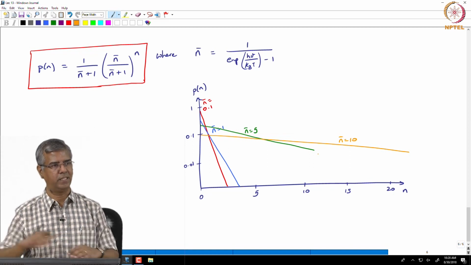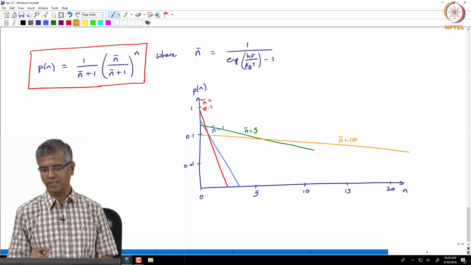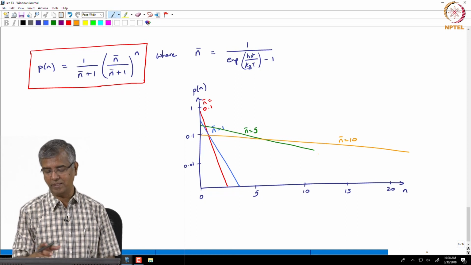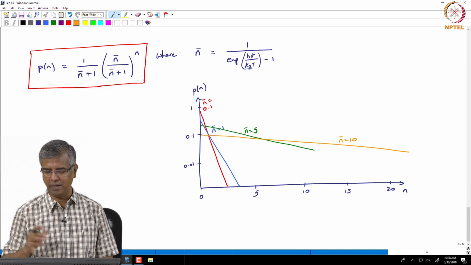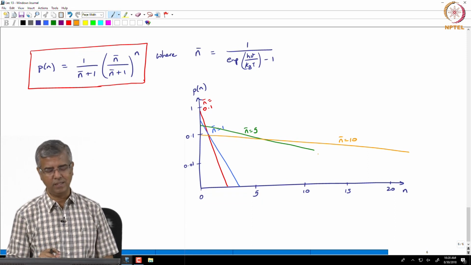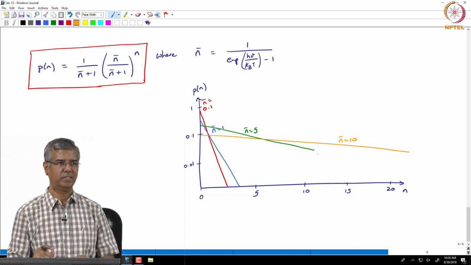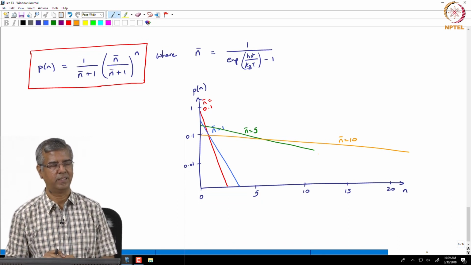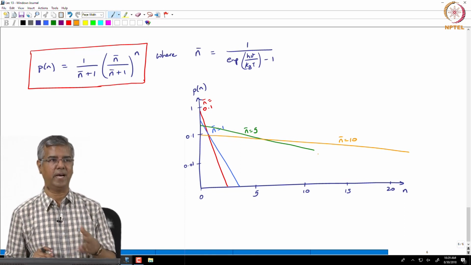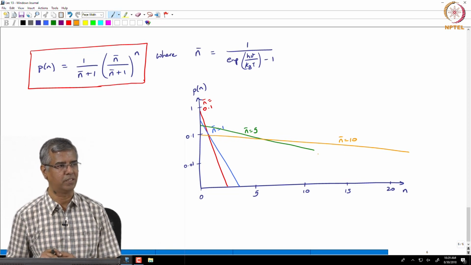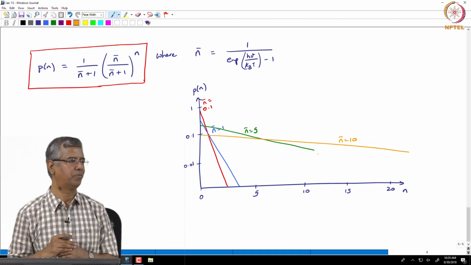But here it is quite flat, which means that even though we have n bar equal to 10, there is a probability that you will find only 0 photons emitted within a particular time slot. That probability is even higher than finding 10 photons emitted. So it is like a completely random sort of emission.